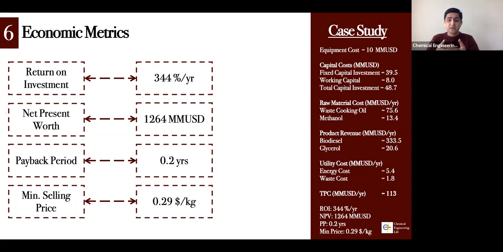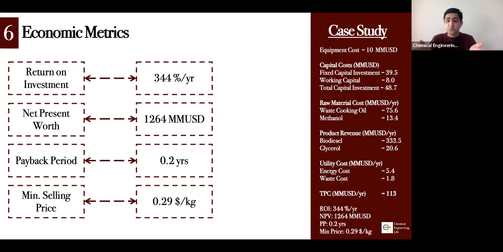Our profit per year, if you look right here, when the products that we are selling are bringing in $354 million per year, that means we do have a great deal of money left behind. Even if I pay my taxes and my TPC, I still have close to $200 million left. And that is why it is possible for me to pay off my loan within 0.2 years.